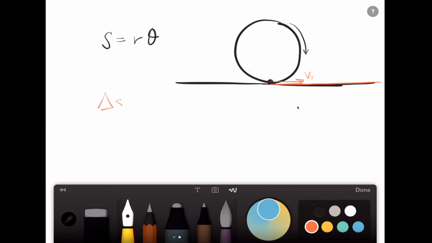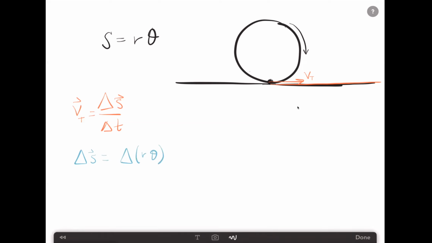We know that delta S over delta T is just going to be the same thing as the tangential velocity. Okay, so let's define delta S real quick. Delta S is going to be delta of R times theta. Now, how are we going to treat this?